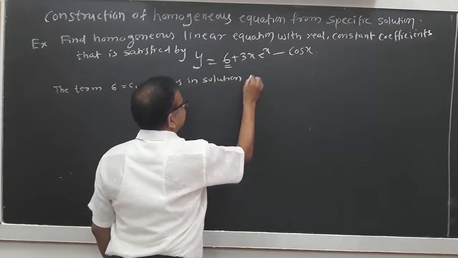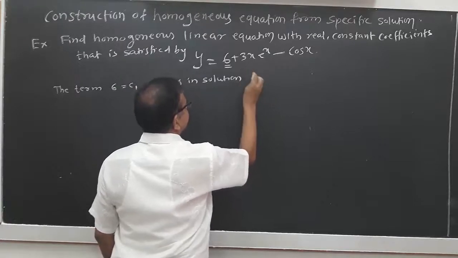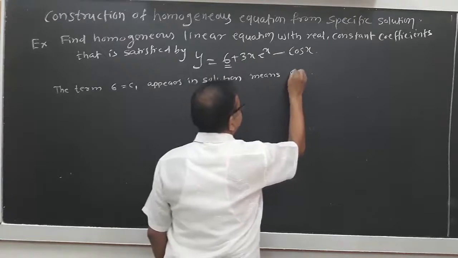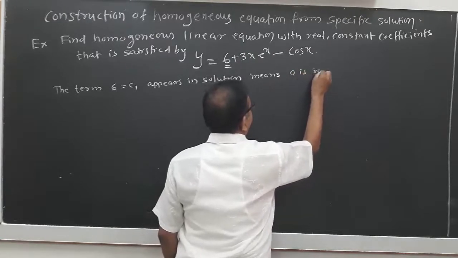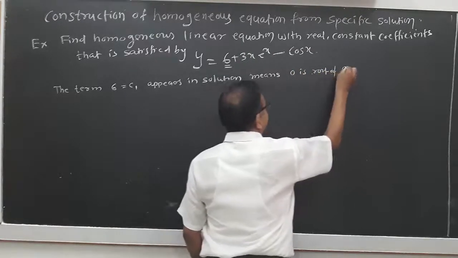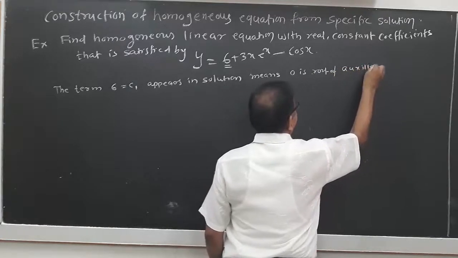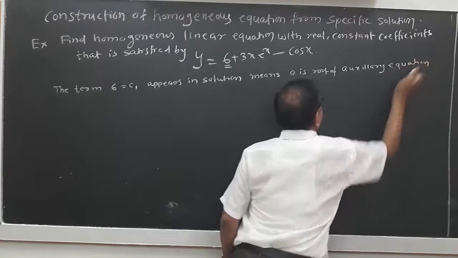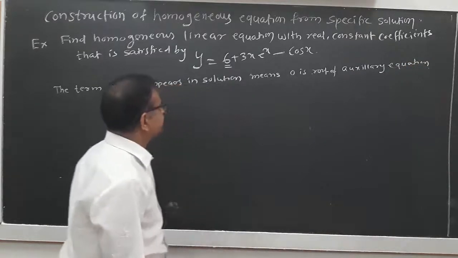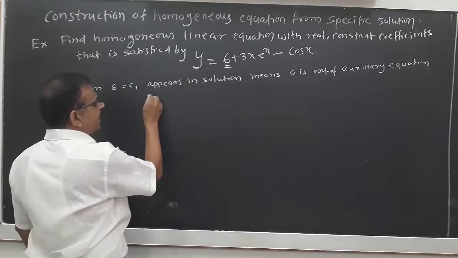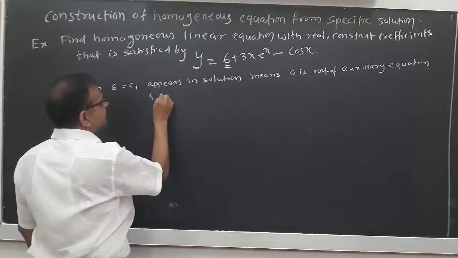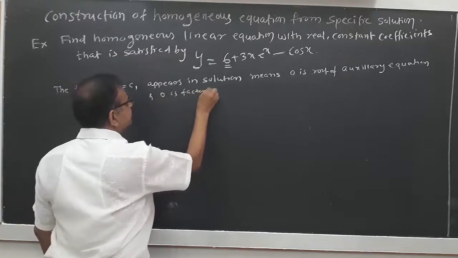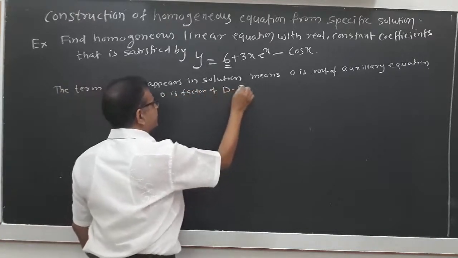That means 0 is a root of the auxiliary equation, and D is a factor of the differential equation.